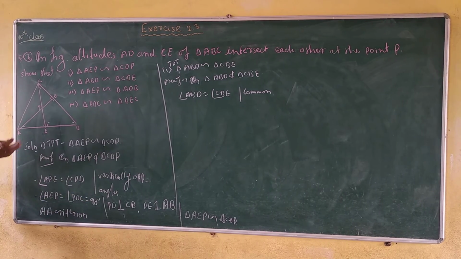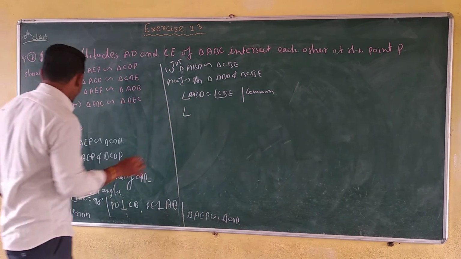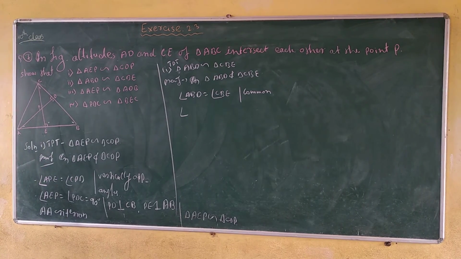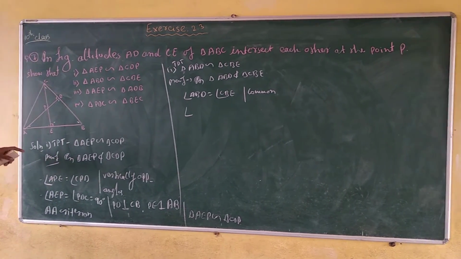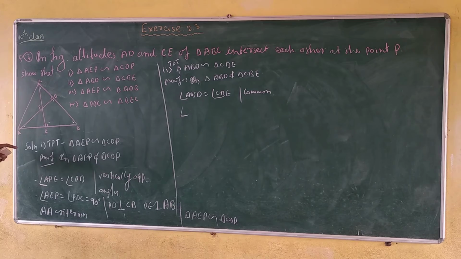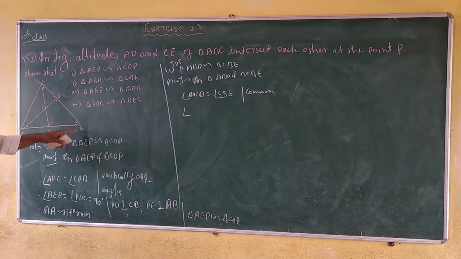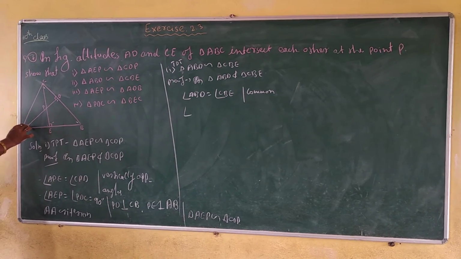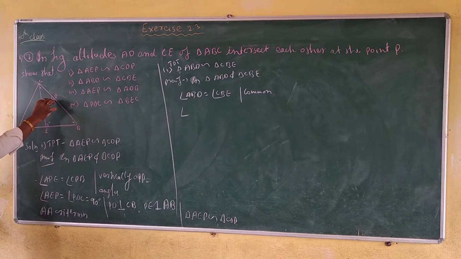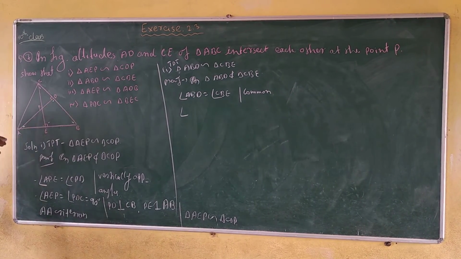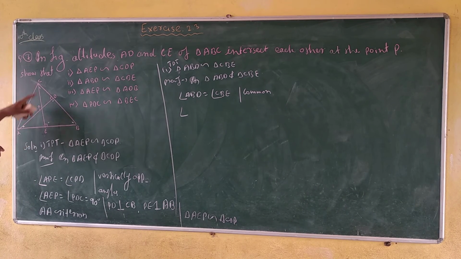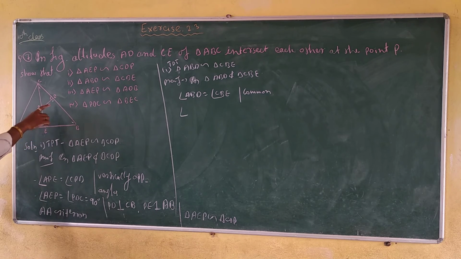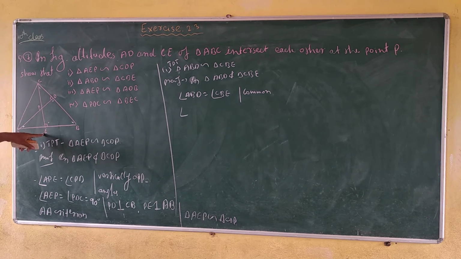Why 90 degrees? See here, angle ABD. Okay, ABD. So B is here, angle A and angle D are remaining here. Now CBE, so now we have to write that angle D and angle E are equal to each other.